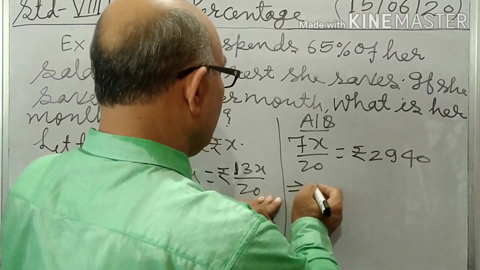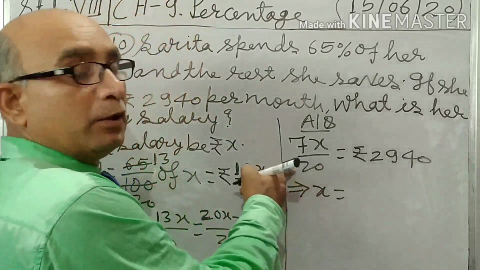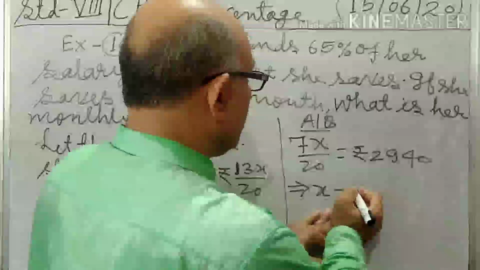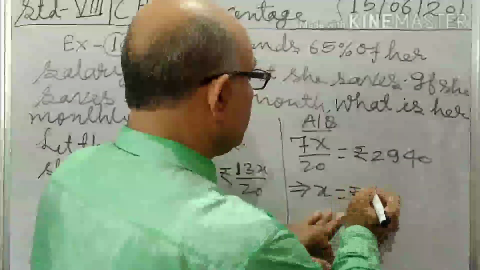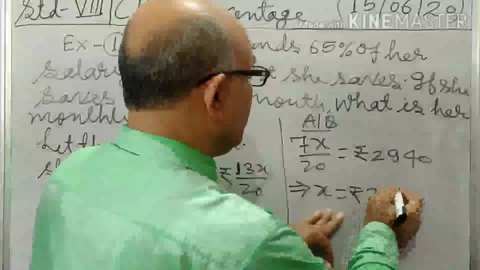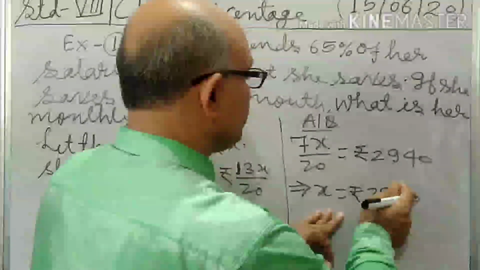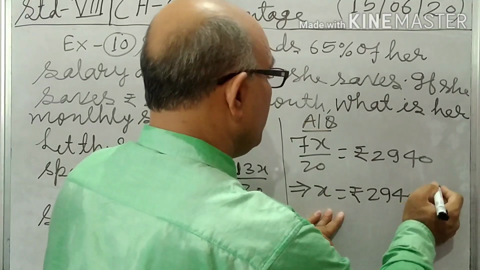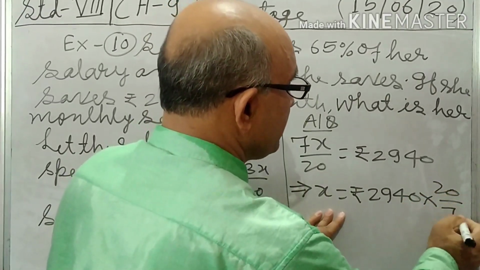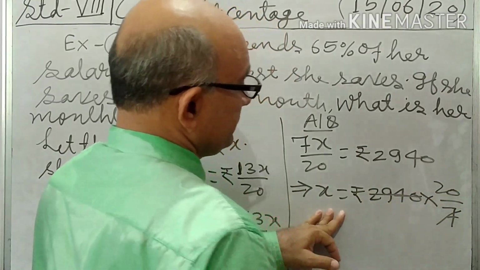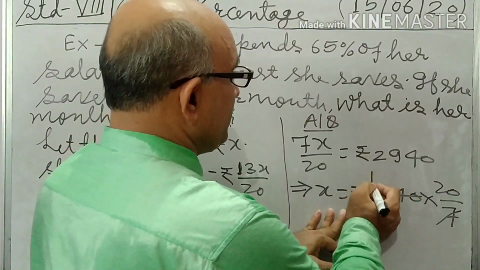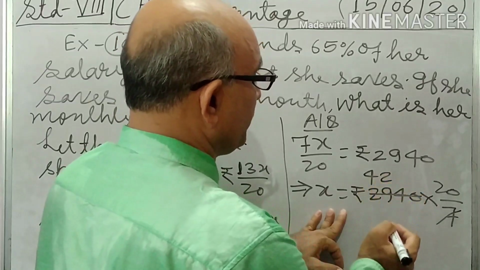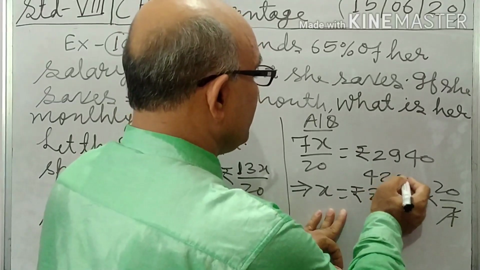That means x equals 7 by 20 by transposition changed into 20 by 7, so rupees 2,940 into 20 by 7. 7 fours are 28, 7 twos are 14, and 0.